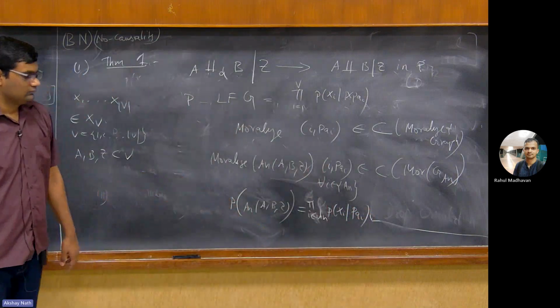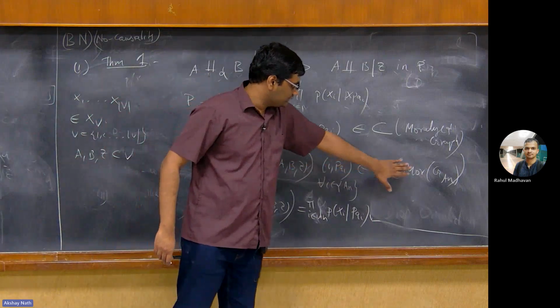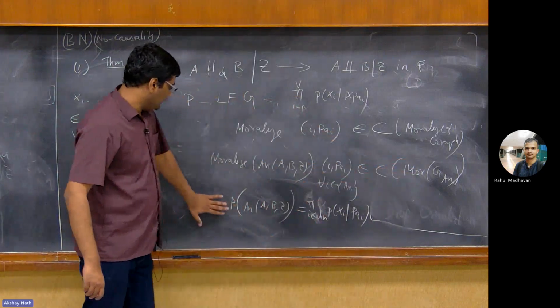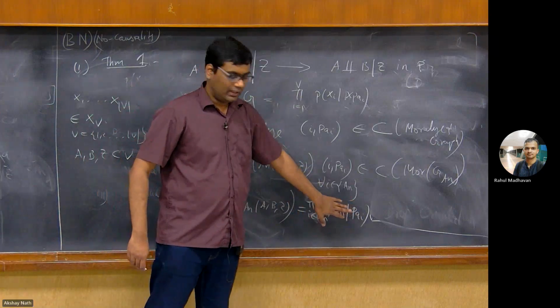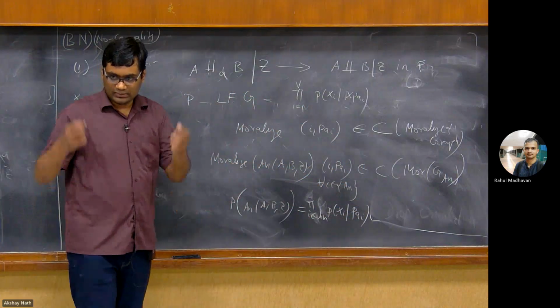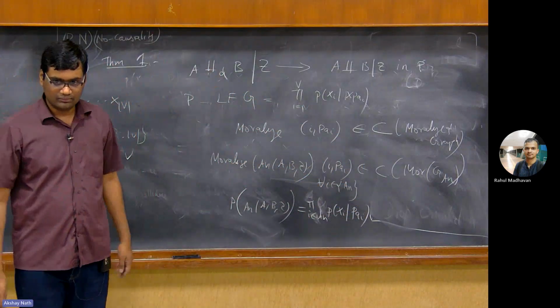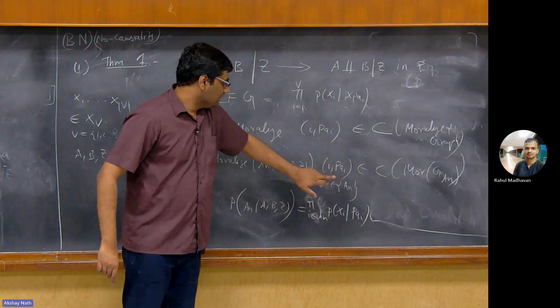This can be proven. If you moralize this, it will start creating some cliques in the moralized graph. And the ancestral distribution will also factorize according to some cliques. And the Xi and PAi are already cliques in the moralized graph. This is obvious by definition.